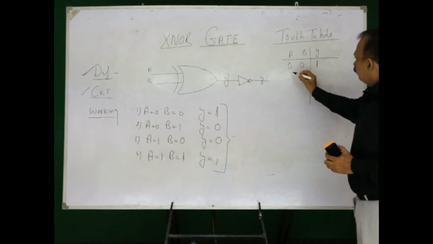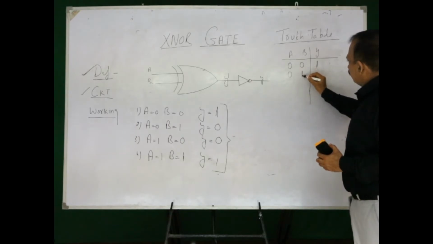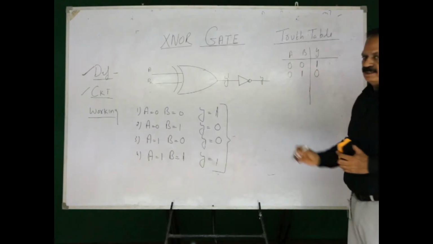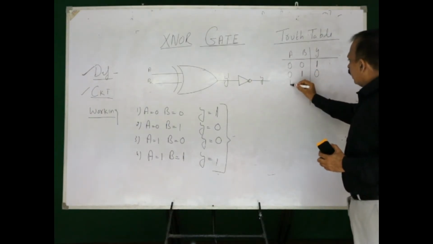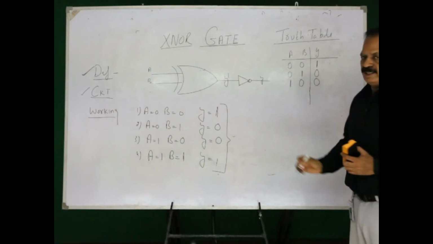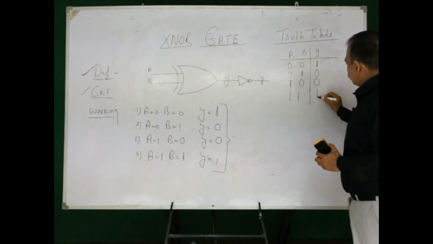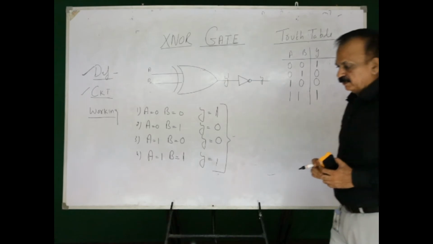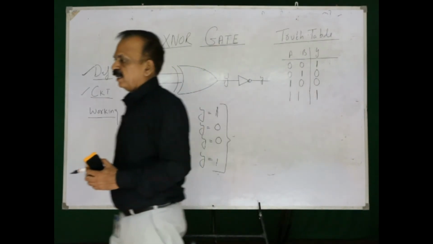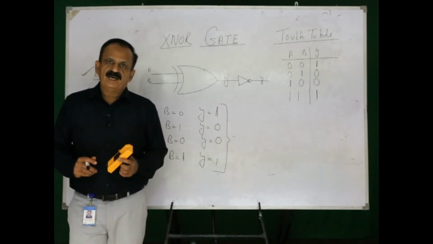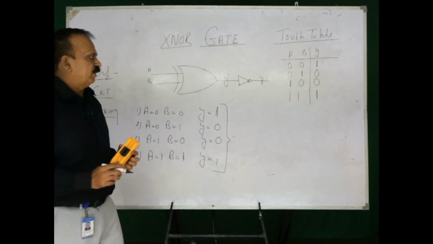If this is 0, this is 1, the output is going to be 0. This value is 1, B is 0, the value is going to be 0, and when both are 1, the output is going to be 1. The output is high when the number of high inputs is even.